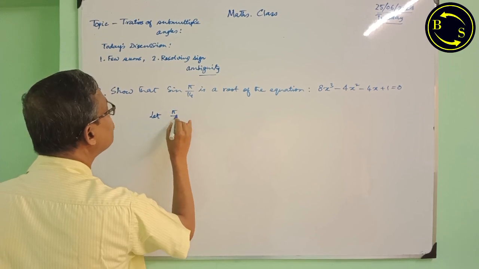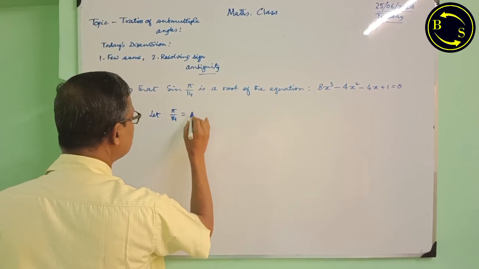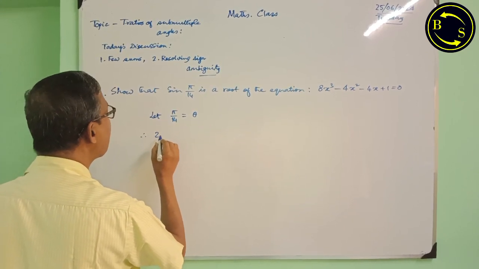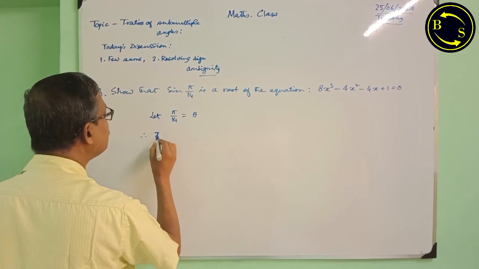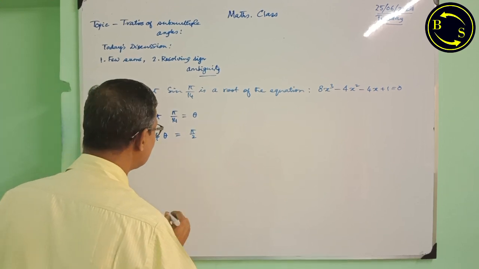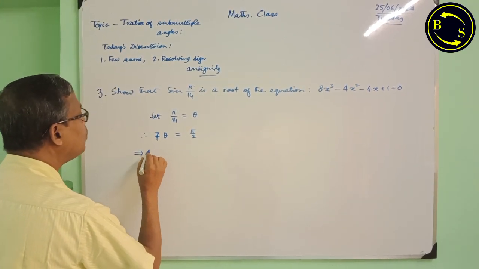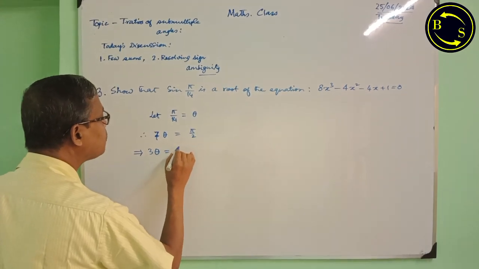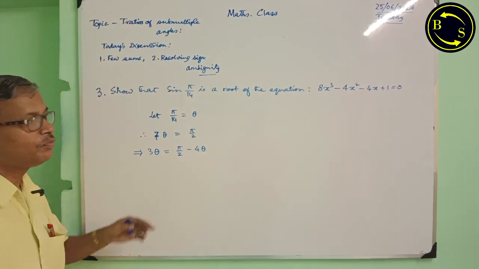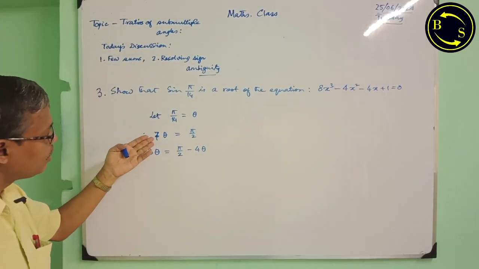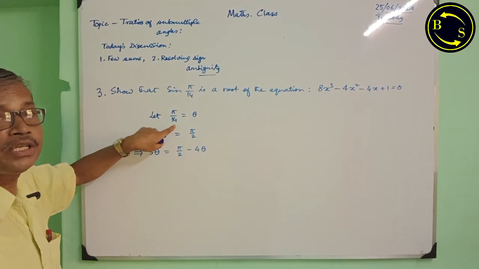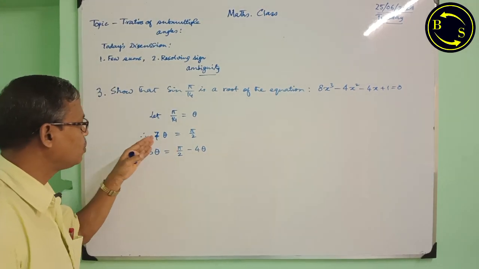Let pi by 14 be equal to theta. Therefore, multiplying both sides by 7, or we can think like this: 14 is equal to 2 into 7, therefore pi by 2 equals 7 theta.